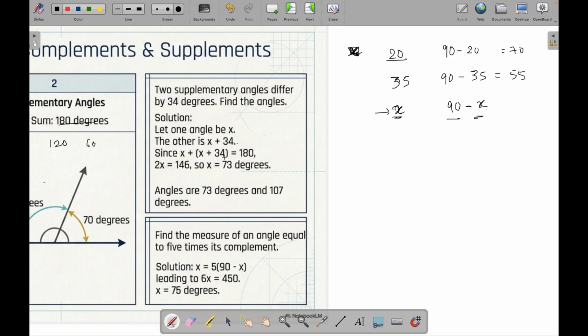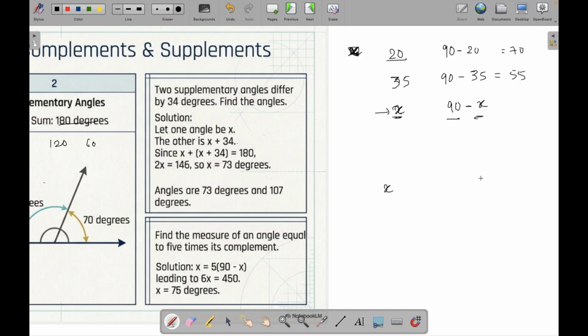Okay? So we'll try to solve this question. Find an angle equal to 5 times its complement. So you have an angle that is equal to 5 times its complement. You can assume the angle to be x.